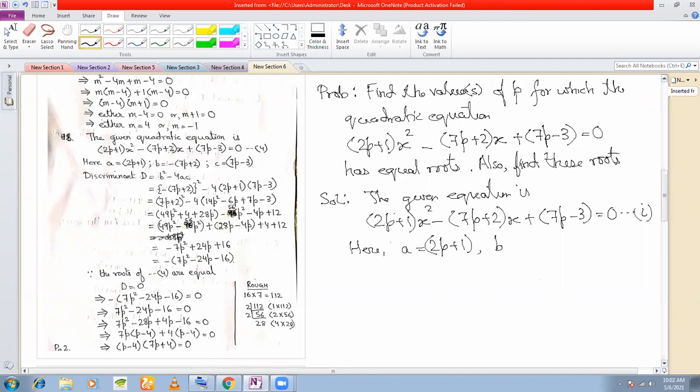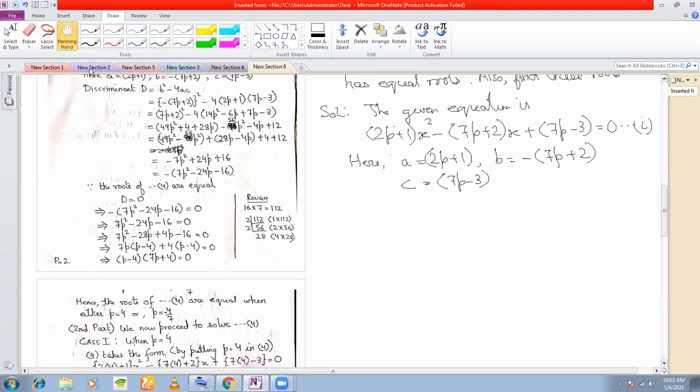The coefficient of x here is minus 7p plus 2. And the constant term c here is 7p minus 3. Okay, so now therefore the discriminant, write d equal to b square minus 4ac. B here is minus 7p plus 2.